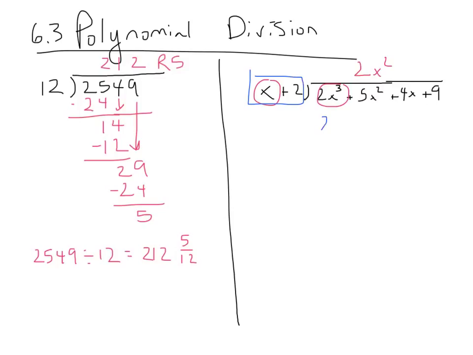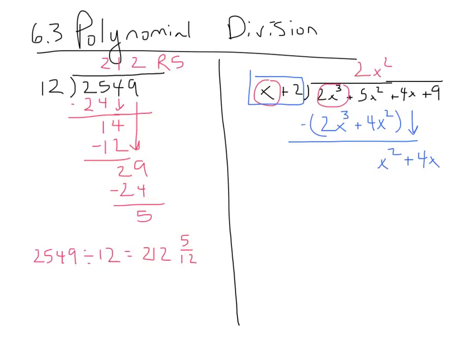That's going to give me 2x cubed plus 4x squared, and I'm going to subtract, and we should see a lot of numbers matching up with the long division of numbers problem. When I subtract, I'll get 2x cubed minus 2x cubed is 0, 5x squared minus 4x squared is x squared, and I'll bring down this 4x.